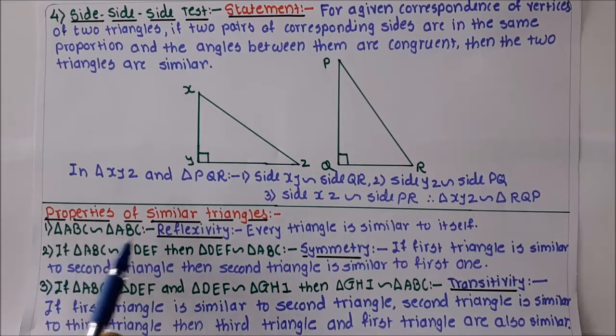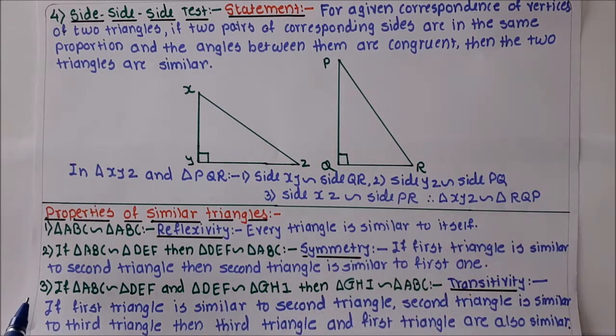The second one is symmetry. Symmetry means if the first triangle is similar to the second triangle, then the second triangle is similar to the first one. You can see here, if triangle ABC is similar to triangle DEF, then triangle DEF is similar to triangle ABC. Now the third property is transitivity.